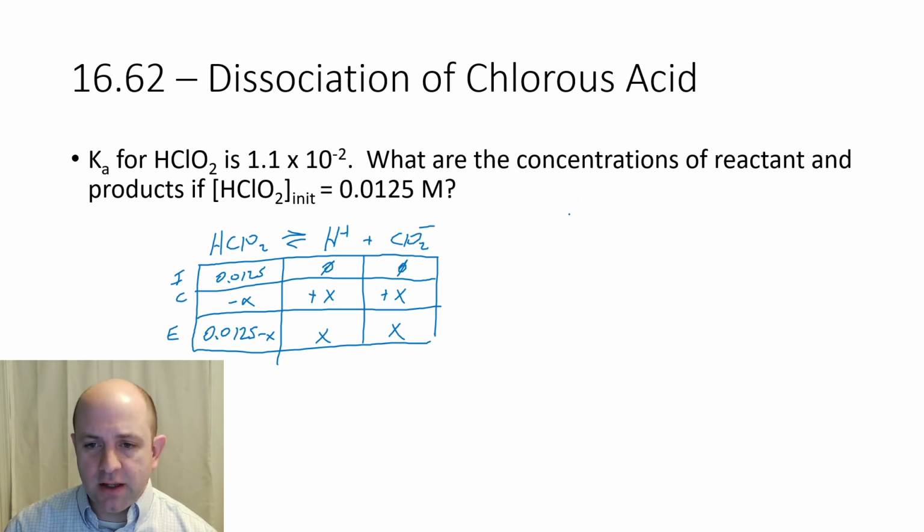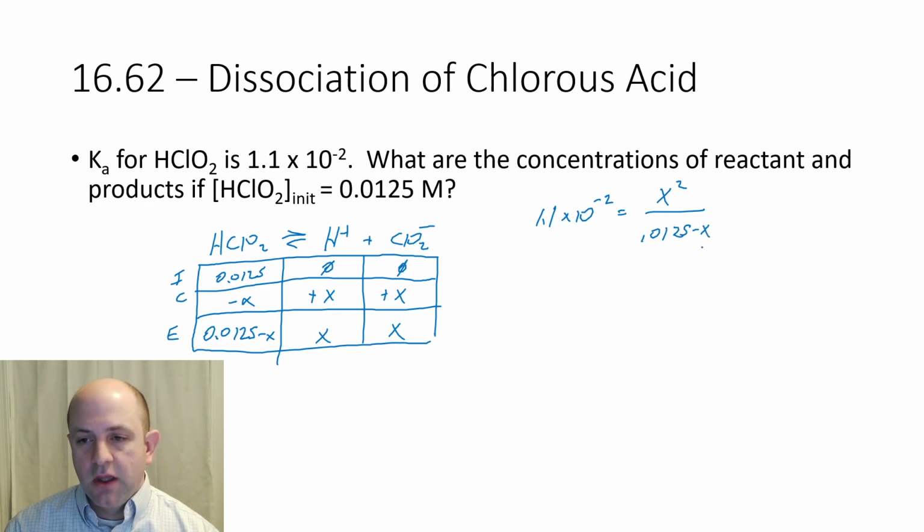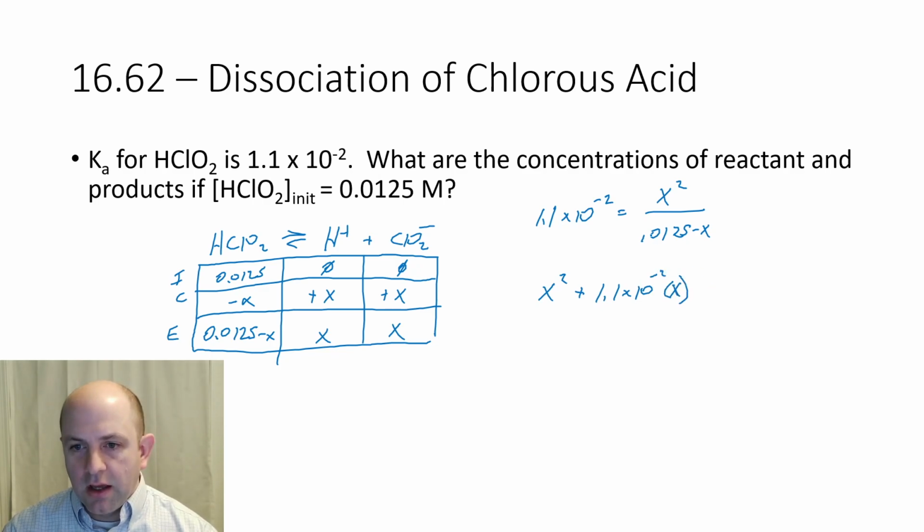So now when we set it up, we get that the 1.1 times 10 to the negative 2 must be equal to x squared over 0.0125 minus x. When we rearrange all this, we will get x squared, plus 1.1 times 10 to the minus 2 x, and then what is that number? 1.1 times 10 to the minus 2 times 0.0125.